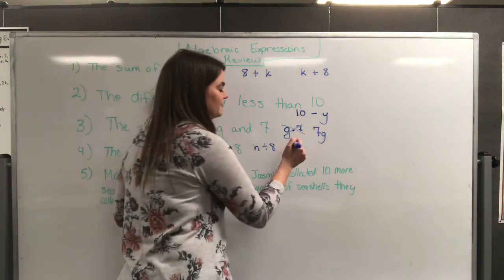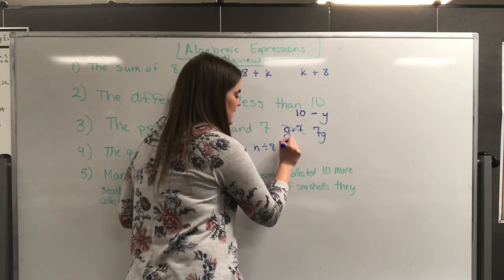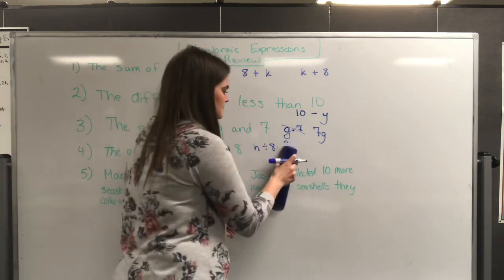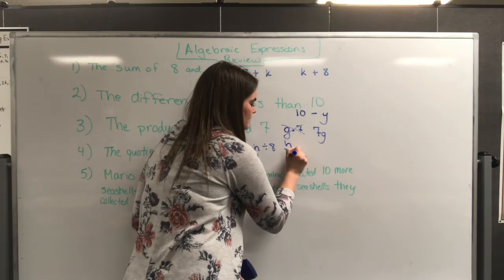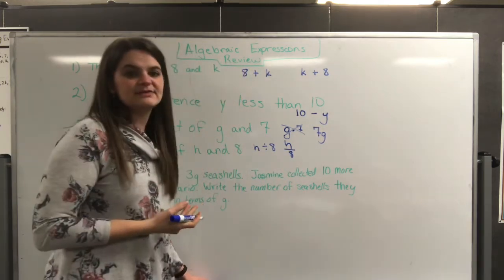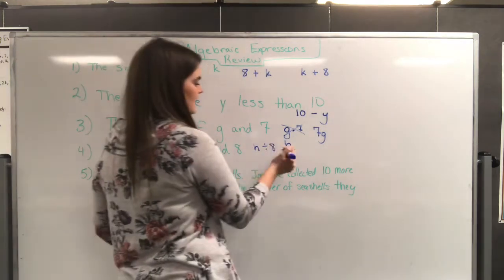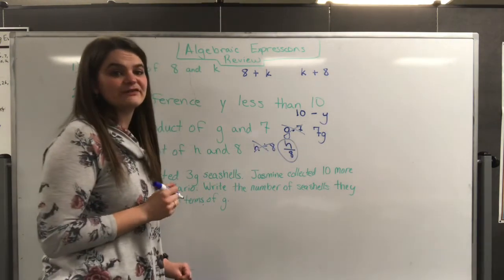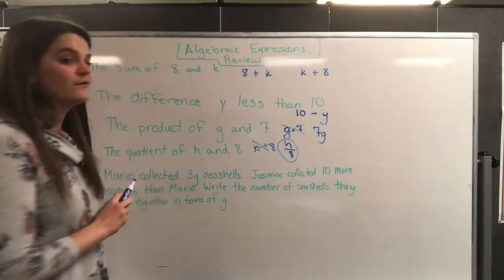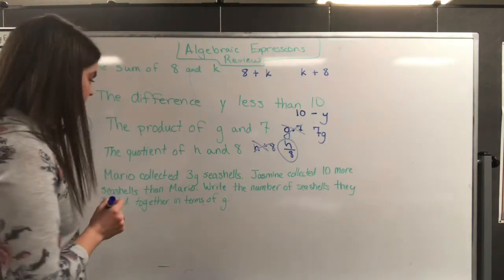Our simplest version of this would be h over 8, h eighths. And so this is the answer that you want to give. H over 8, h divided by 8.